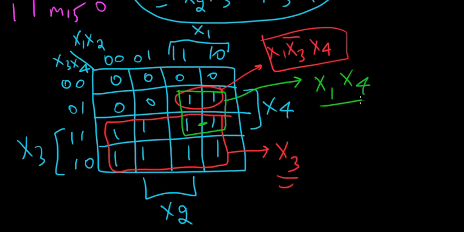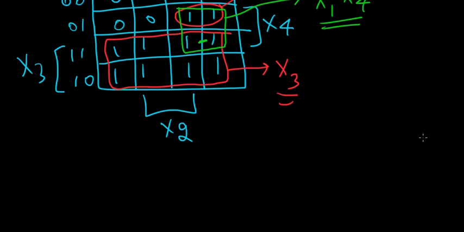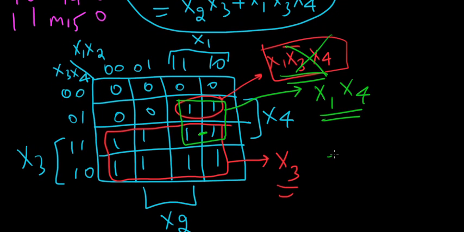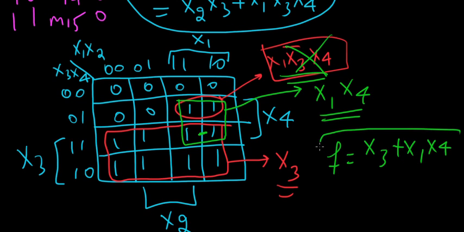So you can see there's 2 inputs now instead of 3. So we don't use this term, and therefore the function here would be equal to x3 OR x1 and x4.